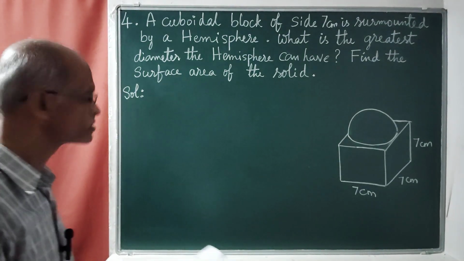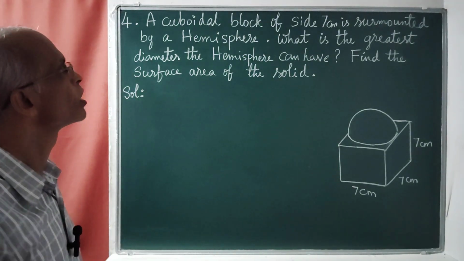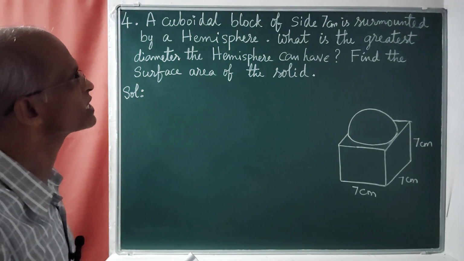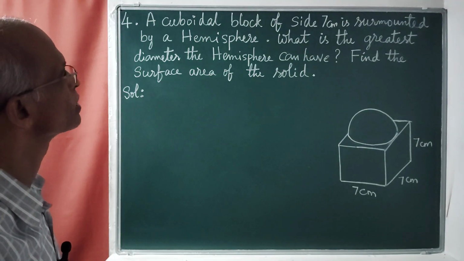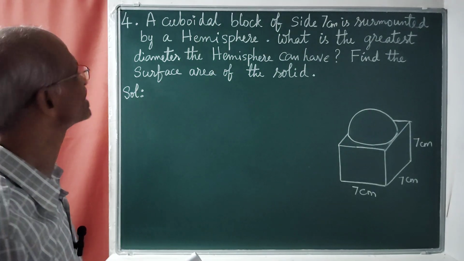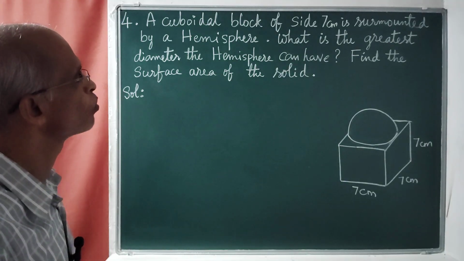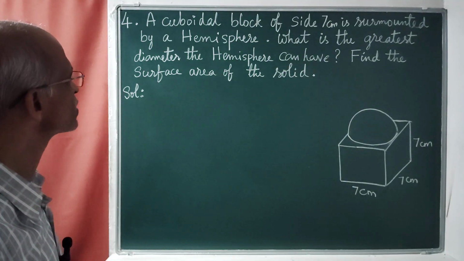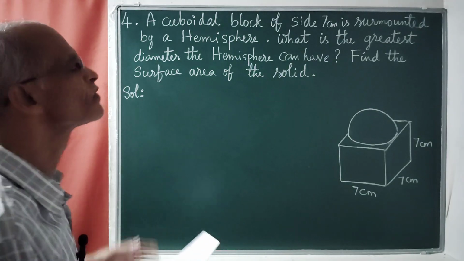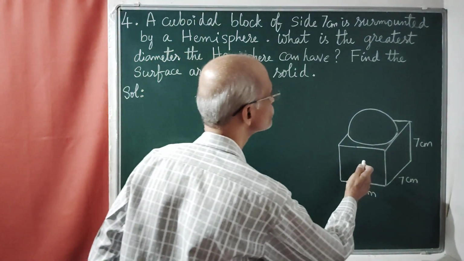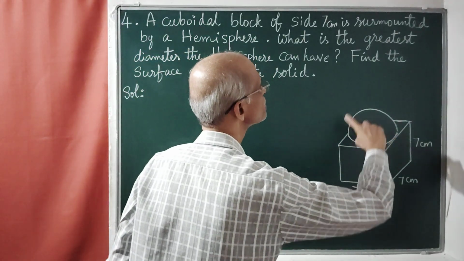Now, the next sum is a cuboidal block of side 7 centimeters is surmounted by a hemisphere. What is the greatest diameter the hemisphere can have? Find the surface area of the solid. So here we have got a cube. On the cube there is a hemisphere.